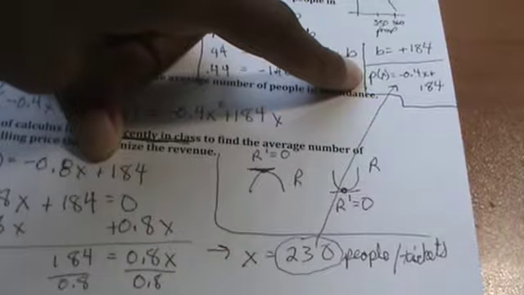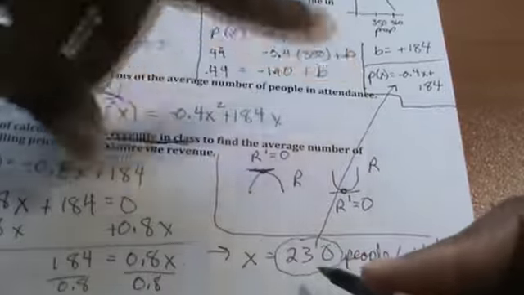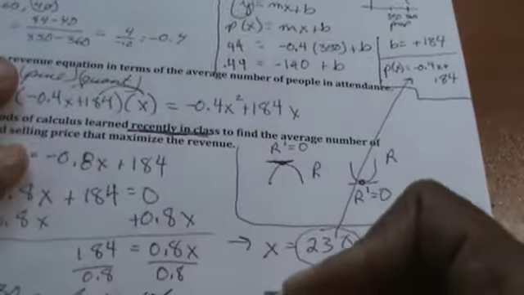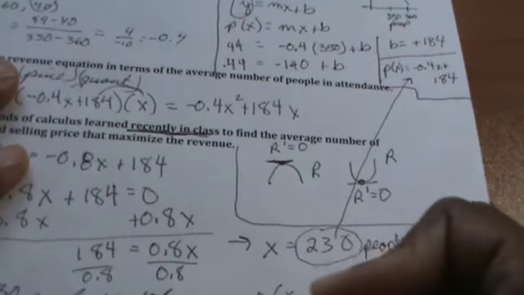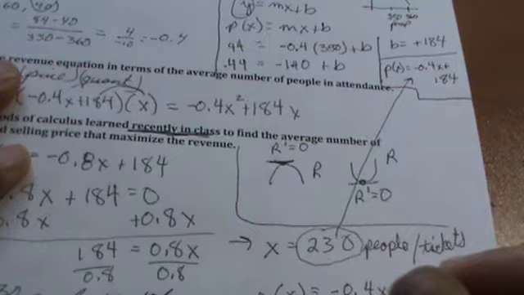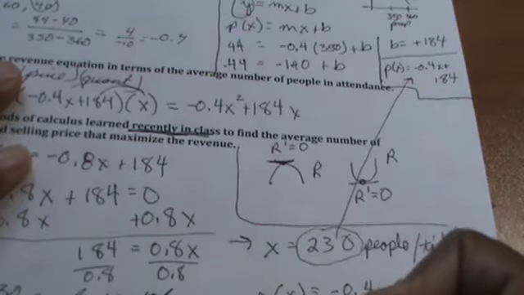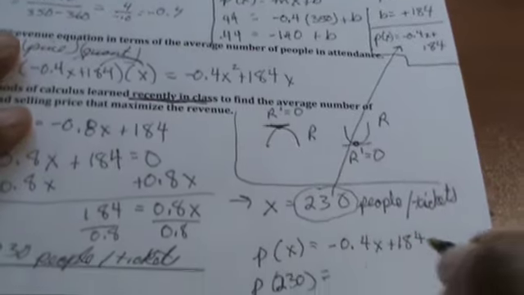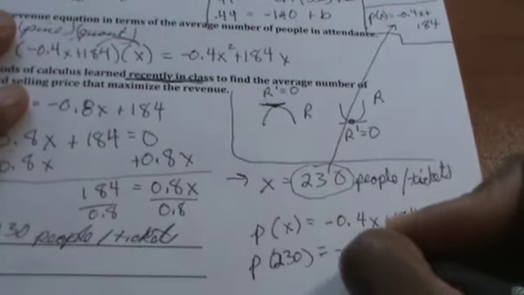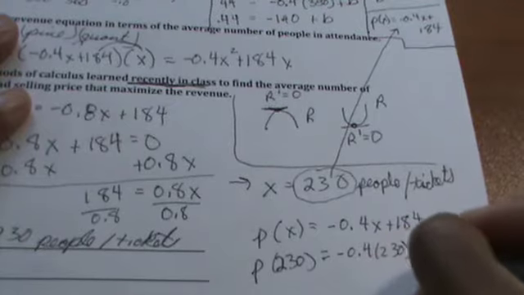This is the price at x tickets or people, and we want to find the price at 230. So P of x equals negative 0.4x plus 184. Then P of 230 equals negative 0.4 times 230 plus 184.